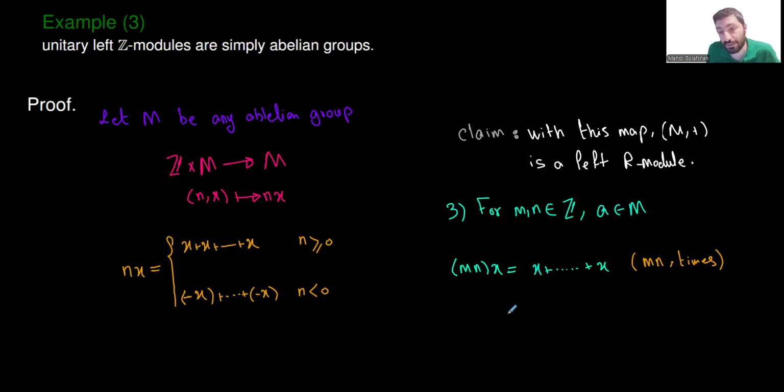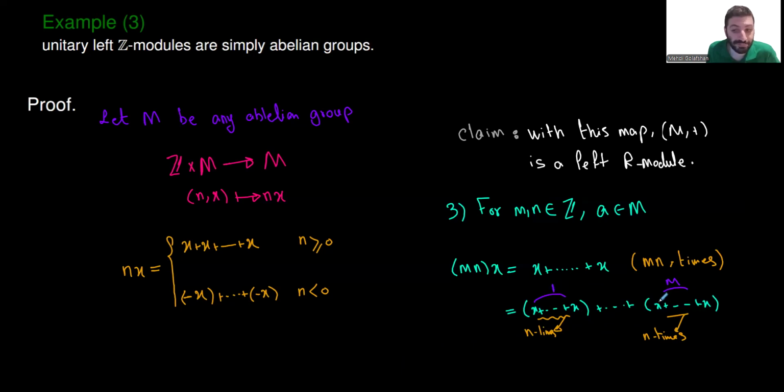So we can say that it's x plus x plus x plus x, where each box is n times, and the number of boxes is m, so box 1, box 2, up to box m.